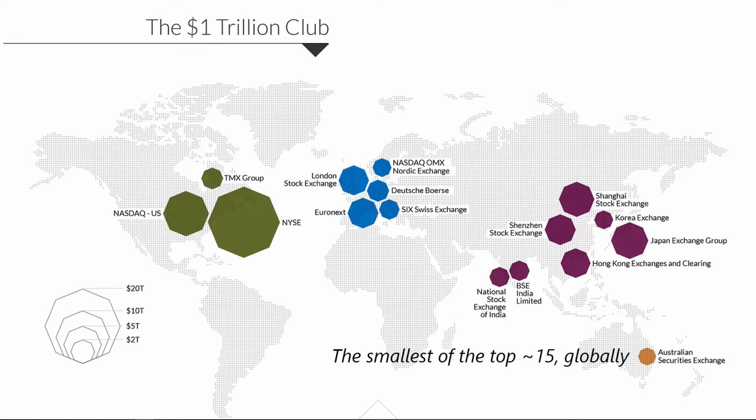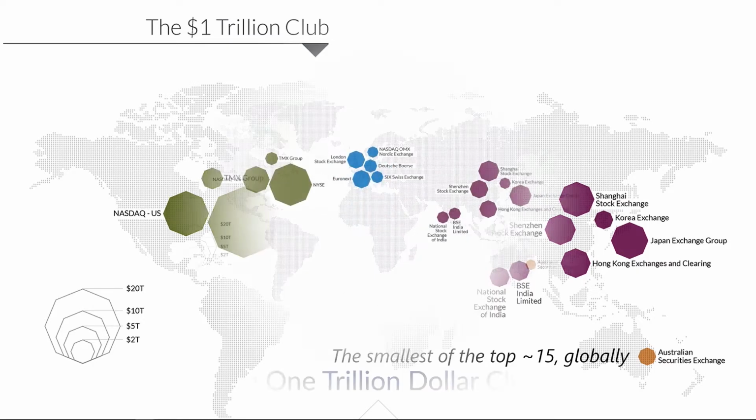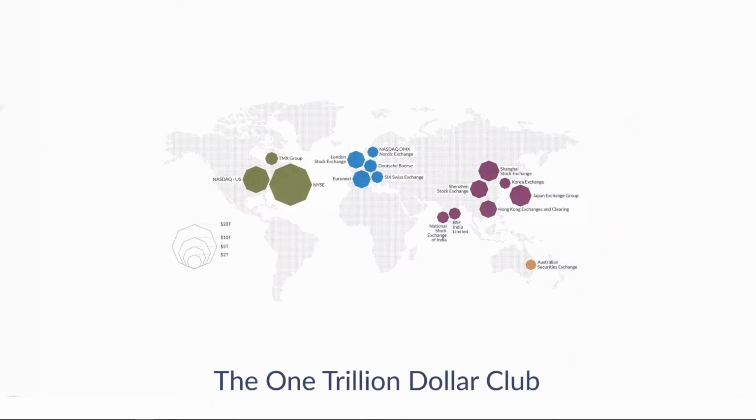Those of you that have a little bit of experience in the currency markets will have some idea where I'm going with this. In order to compare the relative sizes, each of those octagons you see there in different colors represents the relative size of the exchanges around the world, with the US being the biggest, followed by some of the Asian markets, Japan and Shanghai, fairly closely followed by some of the European markets.